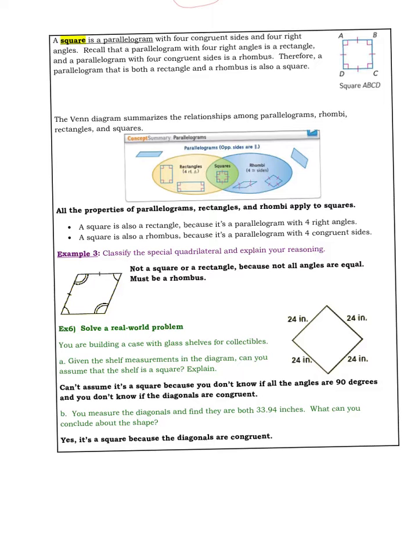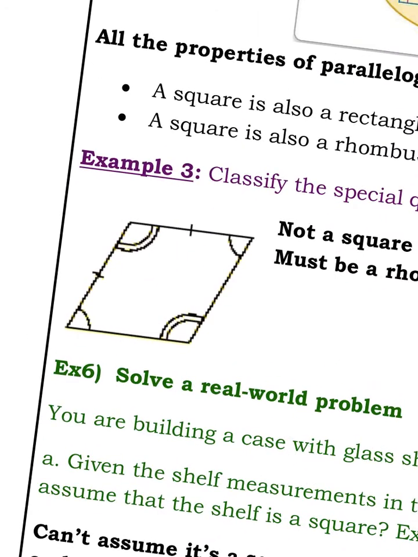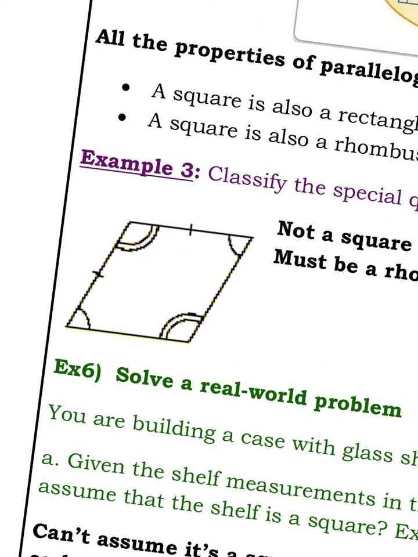So, example 3. Classify this special quadrilateral, explain your reasoning. I'm just going to walk you through these notes. This is not a square, or a rectangle, because not all angles are congruent. You have opposite angles that are congruent, so I know it's a parallelogram.